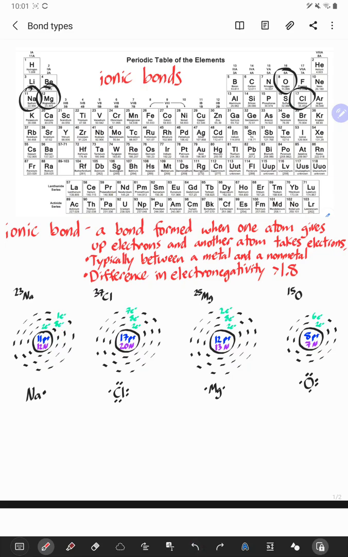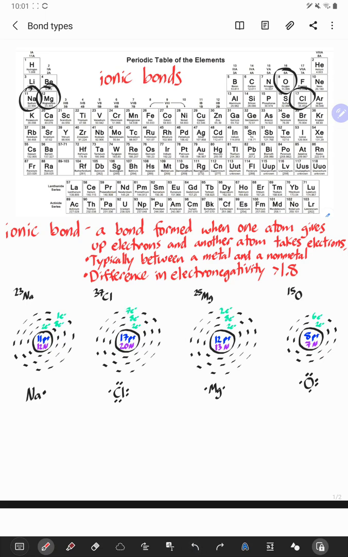If it just loses 1, that's how it can get to 8. Chlorine, on the other hand, doesn't want to lose any because it would take a lot of energy to lose all 7 of these electrons. Instead, it's going to try to gain an electron since it's only 1 away. If it just gains 1, then it can get to 8. So if it adds an electron here, then now it has 8 valence electrons.